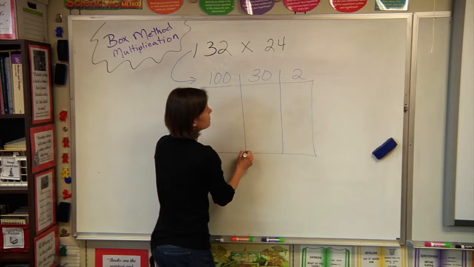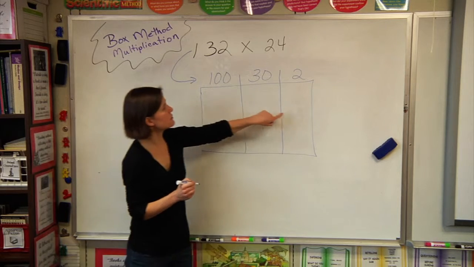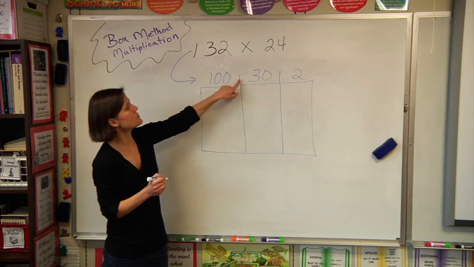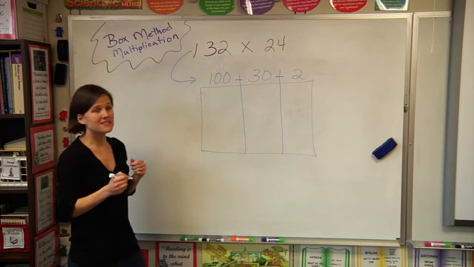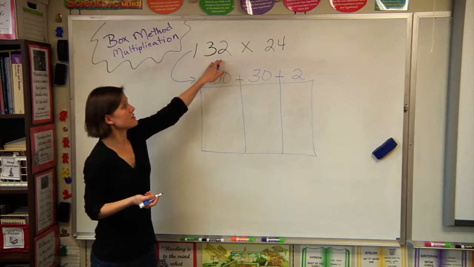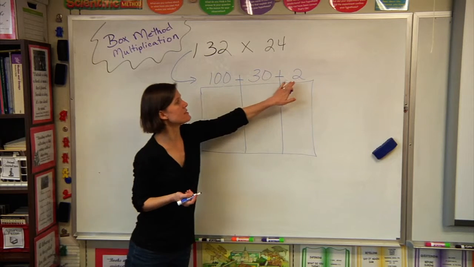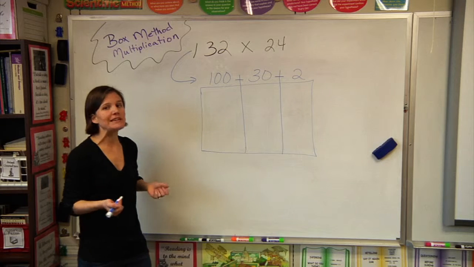As you can see, I've broken up my big box into 1, 2, 3 pieces. And what I like to do is with the lines, I like to turn them into little plus signs, which represents the expanded form of 132. 100 plus 30 plus 2. I also did a little bit of thinking ahead.